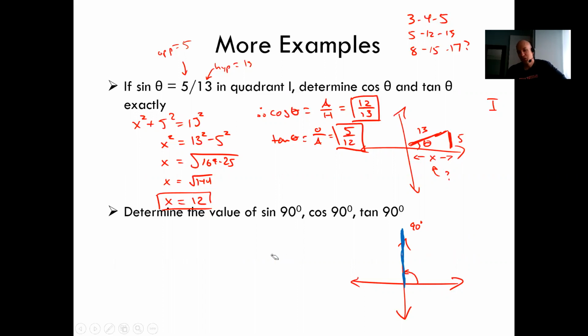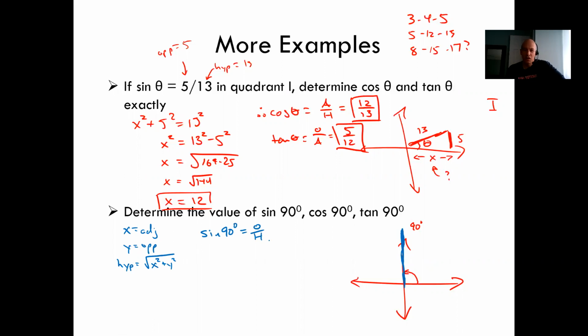So what can we conclude about the three sides of this? Remember, the x-coordinate equals the adjacent, the y-coordinate equals the opposite, and the hypotenuse is equal to the square root of x squared plus y squared. So, what do we make of this? We'd say sine of 90 degrees equals opposite over hypotenuse.